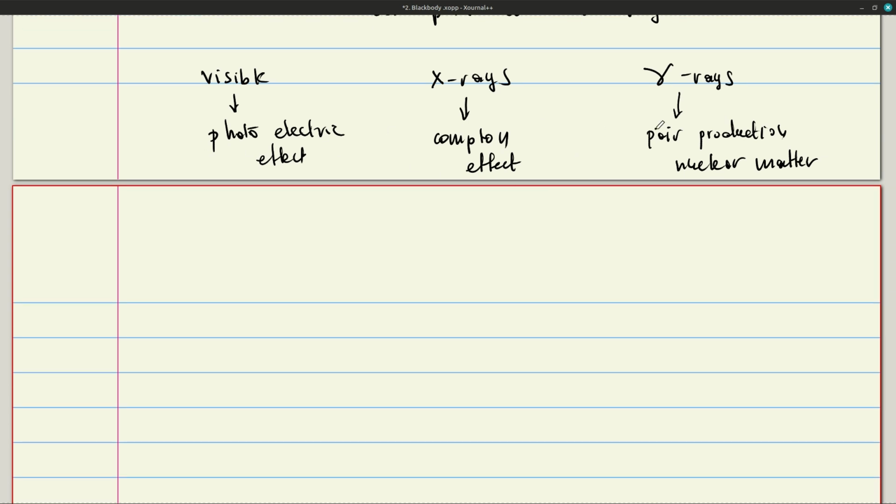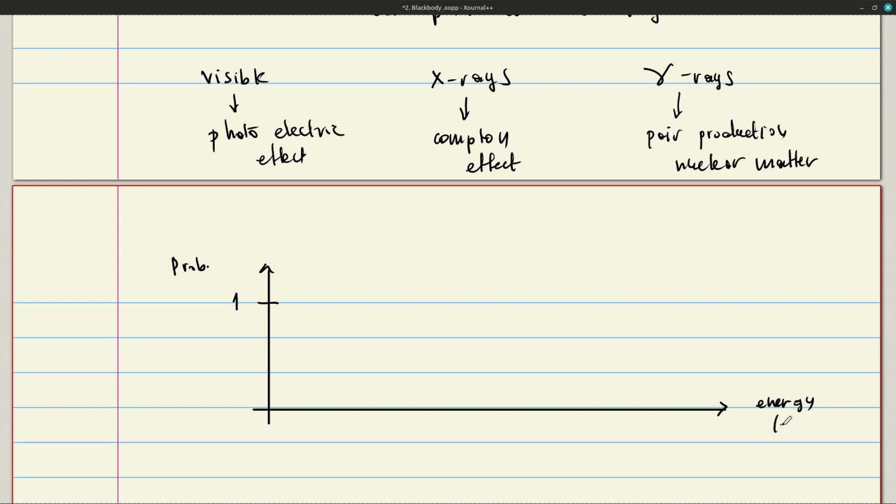Basically we have these 3 processes and they all take place depending on the scale you are working at. So let's think about a probability for a process to happen. This is probability, and the maximum probability is 1, and this is energy in eV, and of course this is photon energy because we are always sending photons.